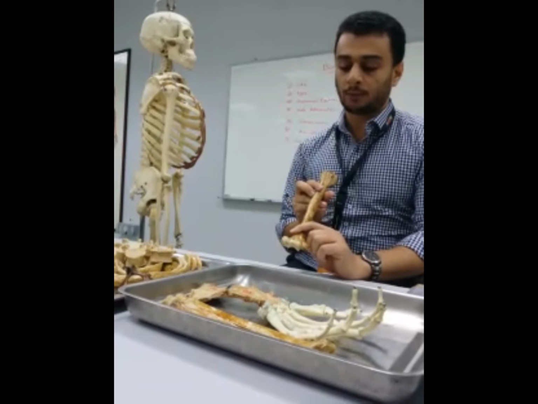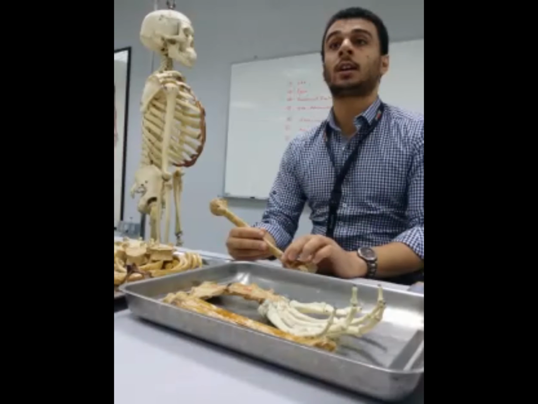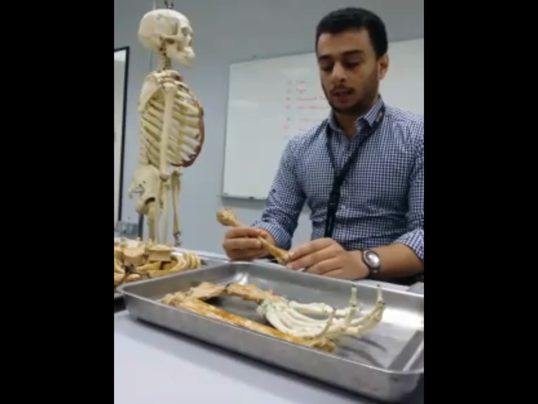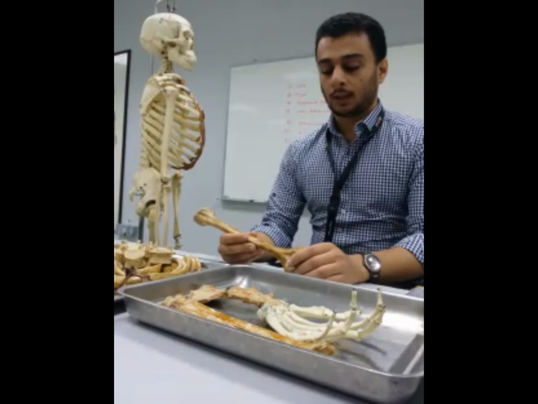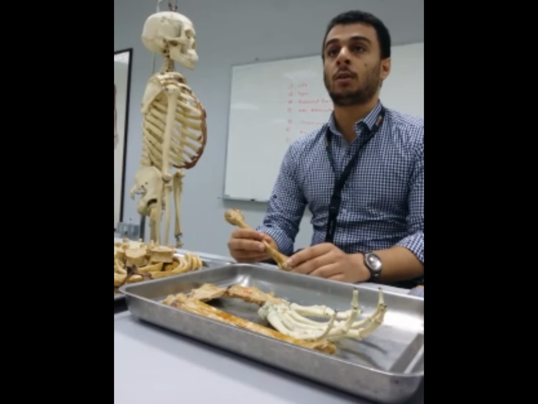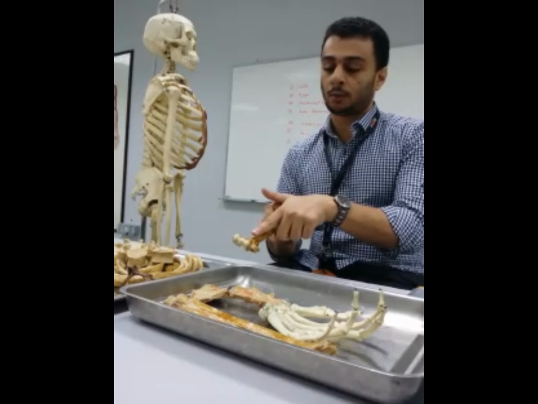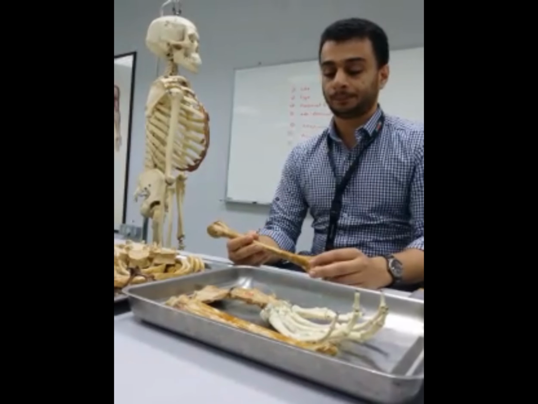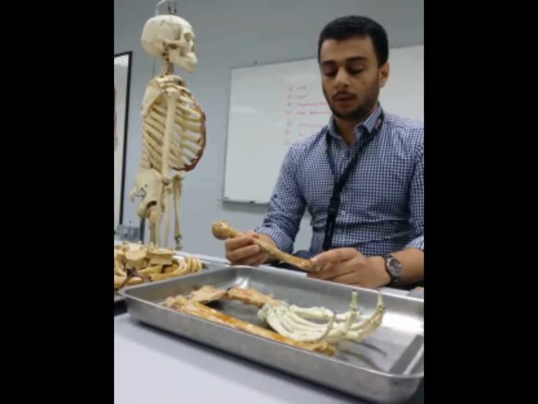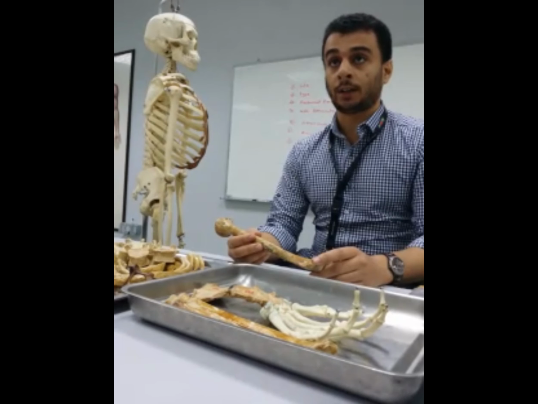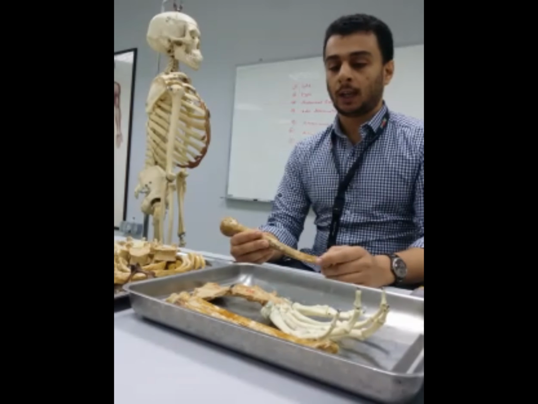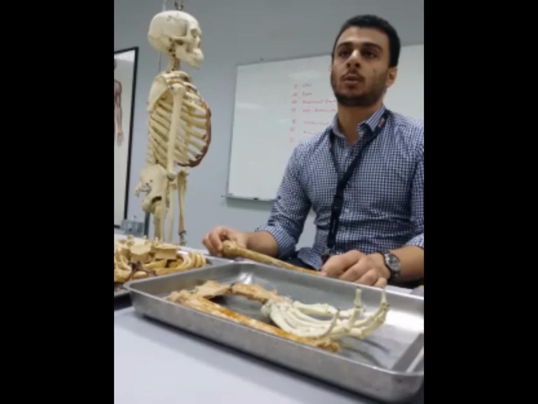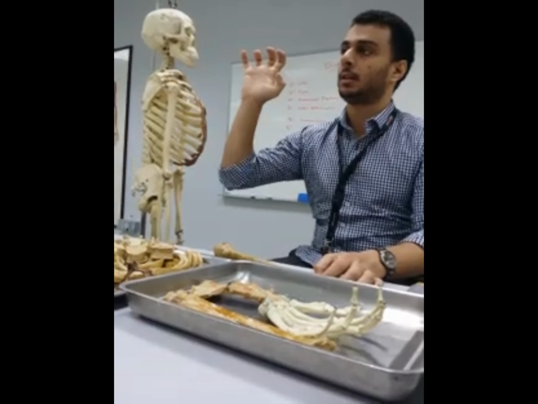And then we have the supracondylar fracture. This one is very common, especially in young children. A supracondylar fracture will lead to injury of the median nerve because it passes through here directly, and also the brachial artery. Okay, injury of the brachial artery has a very common sign we call Volkmann ischemic contracture.